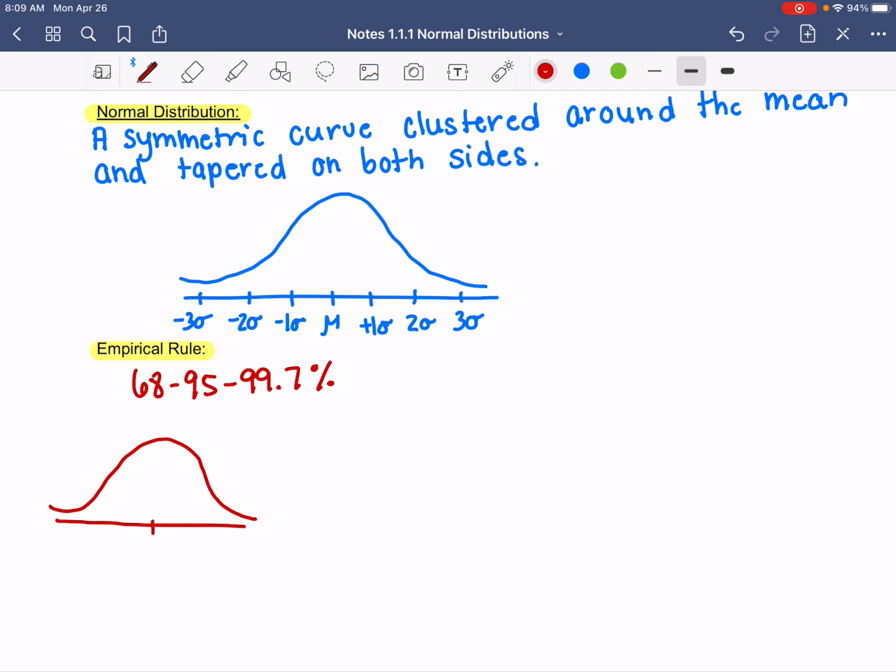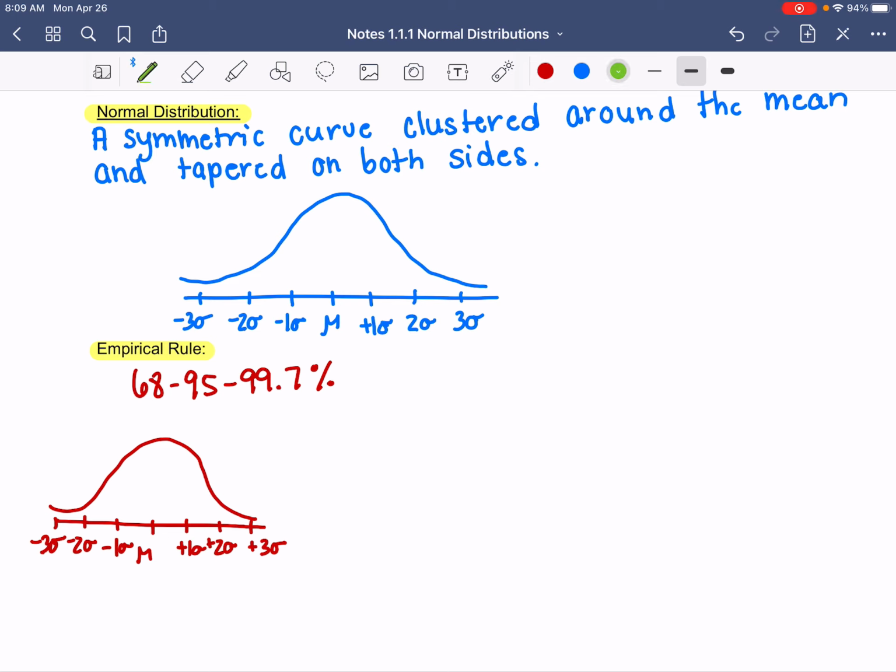So remember, in the middle we have the mean, and then you're going to add 1, 2, and 3 standard deviations to the right. Plus. So that's the little standard deviation symbol. And then you're going to subtract 1, 2, 3 standard deviations to the left.